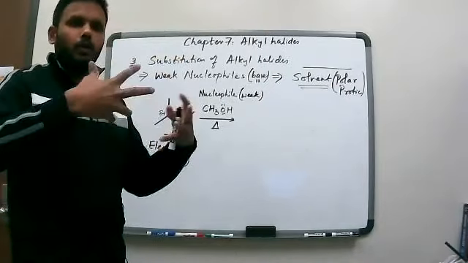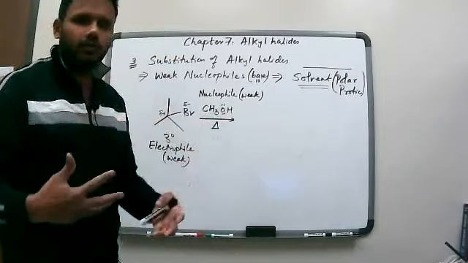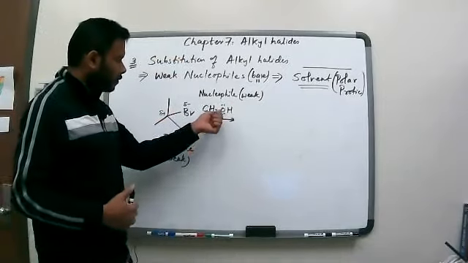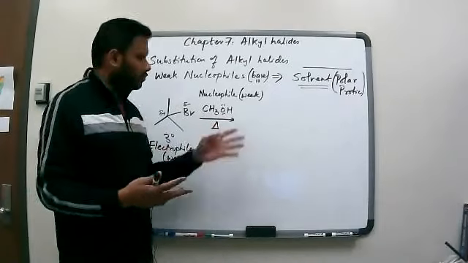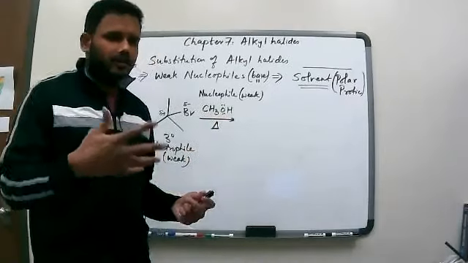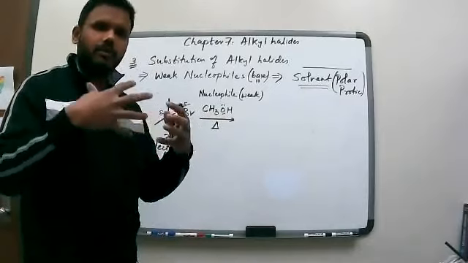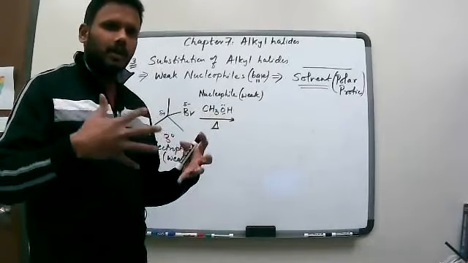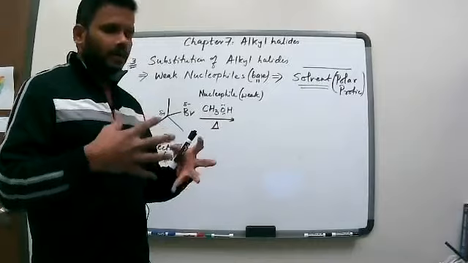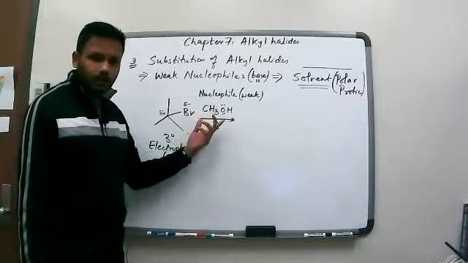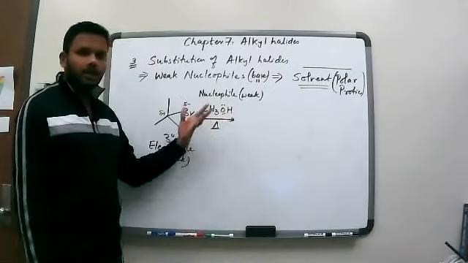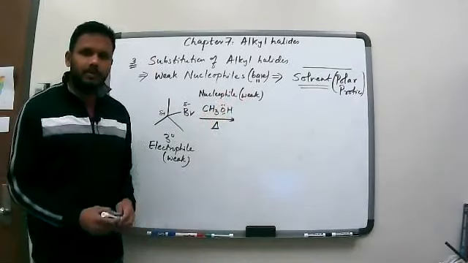It's not loaded with electron density. It only has enough electrons required by its octet. When you have a negative charge, you're basically loaded with electrons. There's a lot of electron density there. That is not the case here. It has two lone pairs, so there is some electron density. So it is a nucleophile, but it's a weak nucleophile.